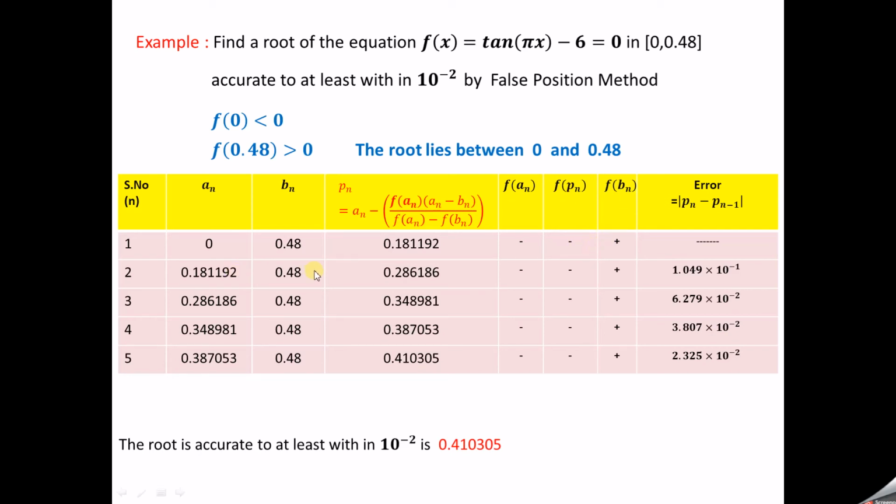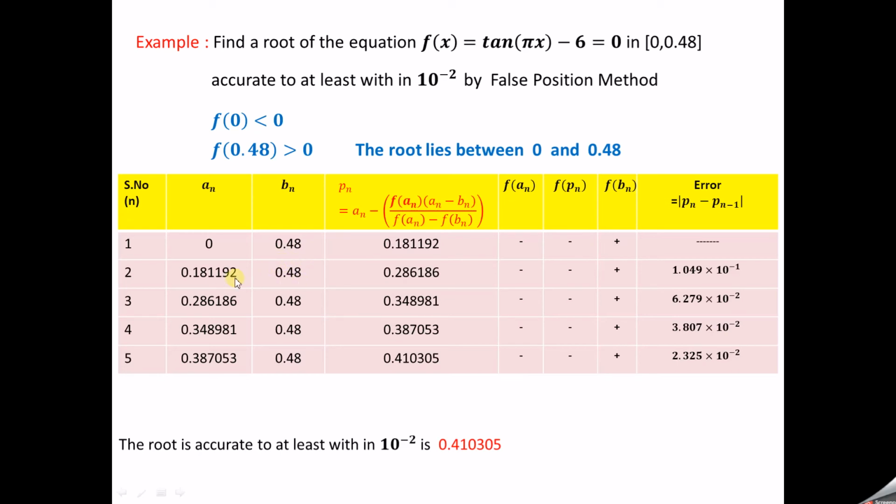So the new subinterval will be: the lower limit will be the p value, the upper limit will be the same as b1. So this p1 will be the lower limit, 0.181192, and the upper limit will be the same b1, 0.48. The same we will take for b2.